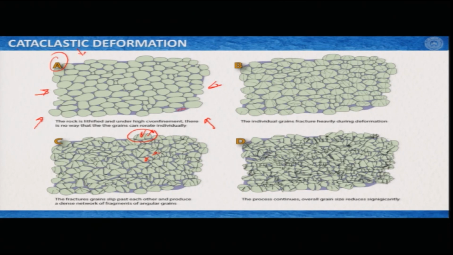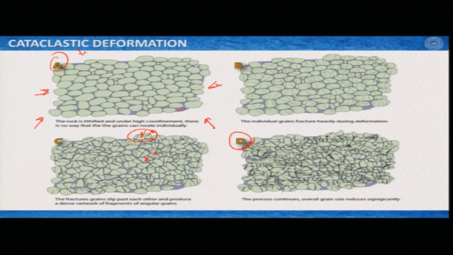All these processes happen, but what is important is that by this fracturing the grain size is significantly reduced, and if that continues, what we finally achieve is what you see in illustration D. The overall grain size reduces significantly. The grains, unlike in granular flow, are extremely angular.